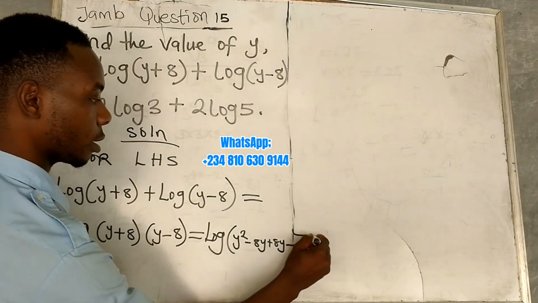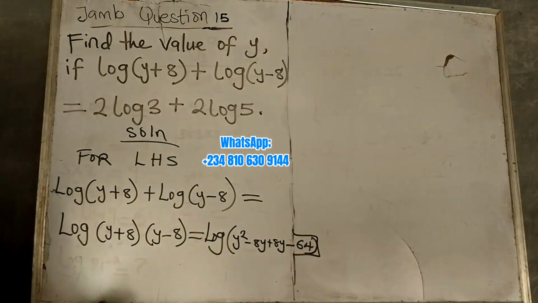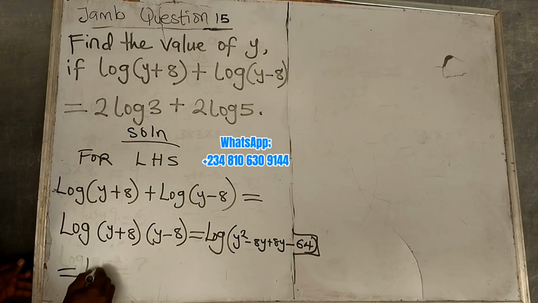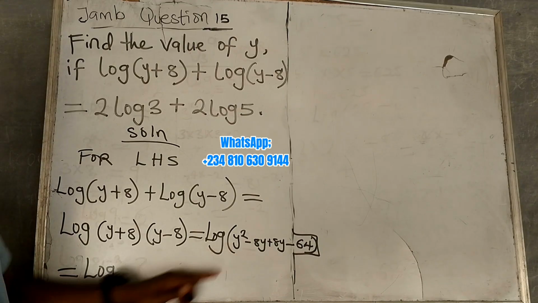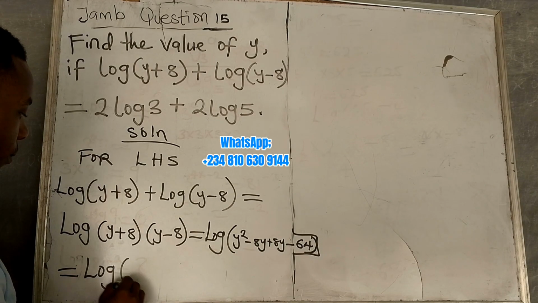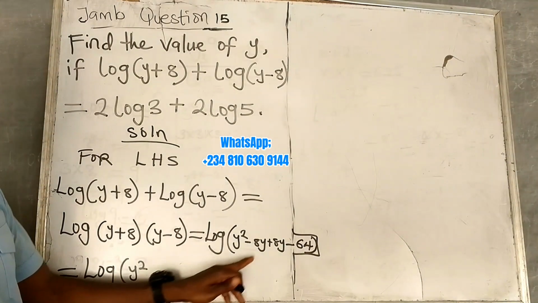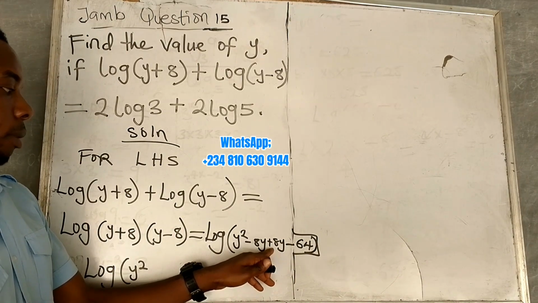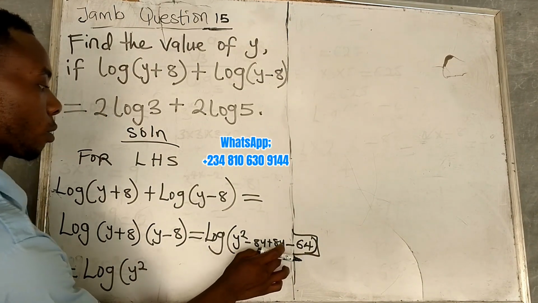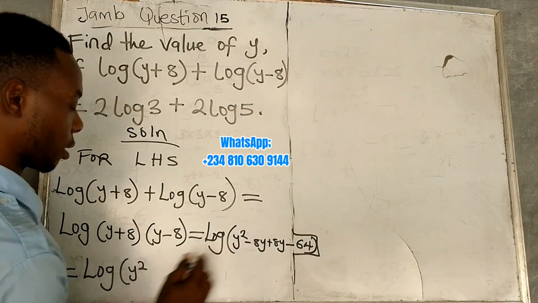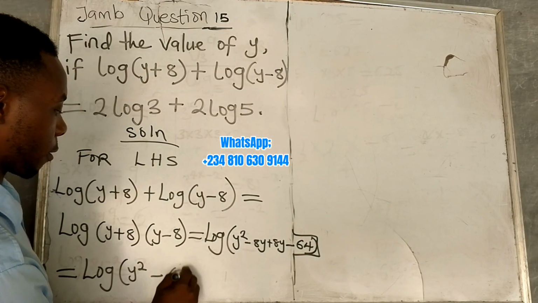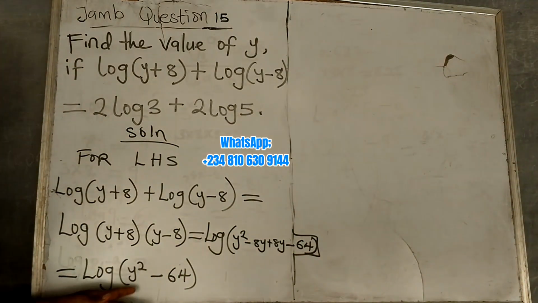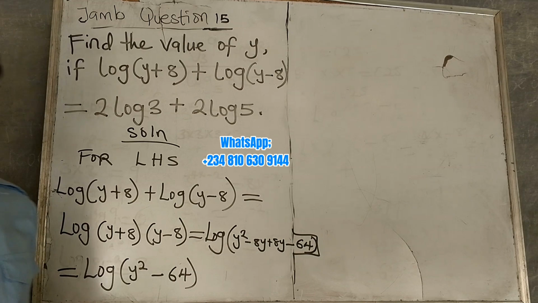Right? So close the bracket. This is equal to log y squared, then minus 8y plus 8y is equal to 0. So what we are left with is minus 64. So we have simplified the left-hand side.